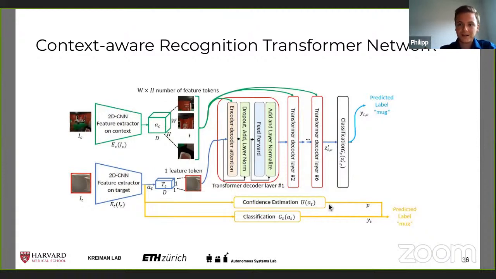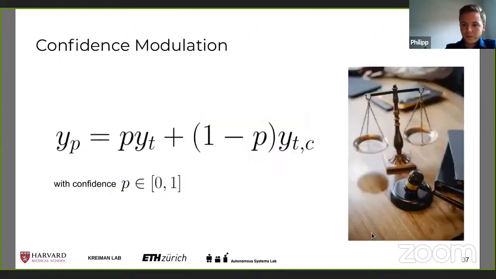This confidence value should indicate how confident the model is about this initial prediction. It should tell us if the model already thinks it knows what the object is, or if there is still a lot of uncertainty. And then once we have those two predictions, the one based on target and context information, and the one based on target information alone, we combine them in the following way.